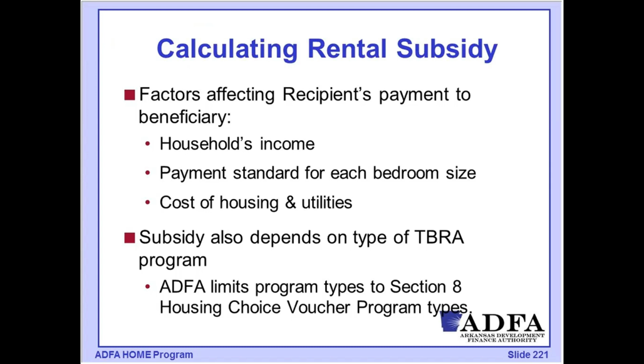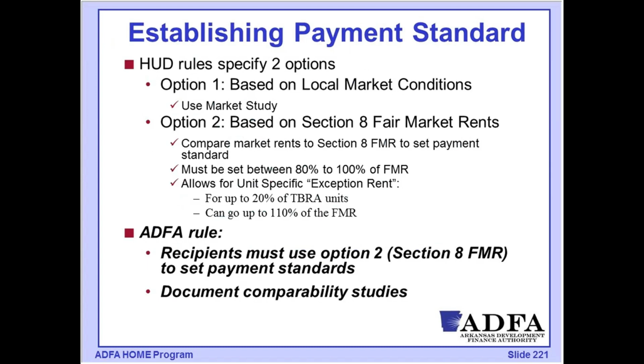So ADFA has specifically selected that the ADFA TBRA programs are going to follow the Section 8 Housing Choice Voucher Program. This works well since our recipients who are running these programs are typically a public housing entity.